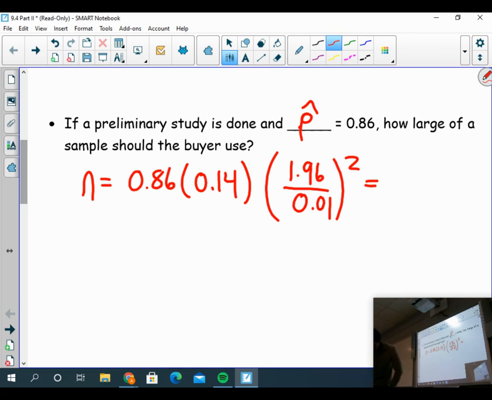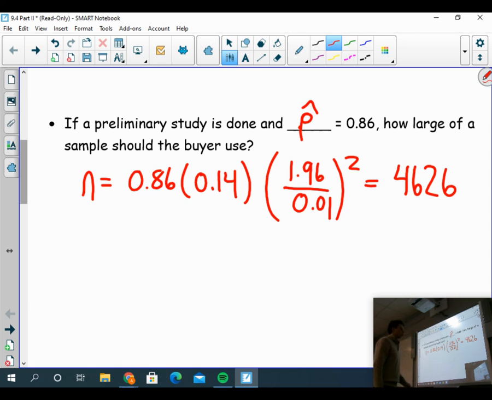When we calculate this, we find, through rounding, and make sure you always round up, that we would only need a sample size of 4,626 to ensure that we are 95% confident that the difference between our sample proportion and population proportion is less than 1%.